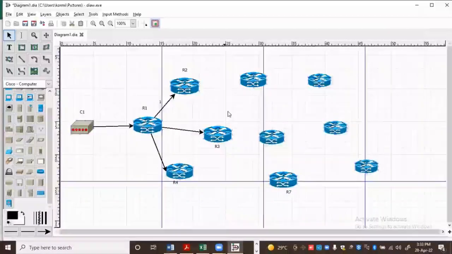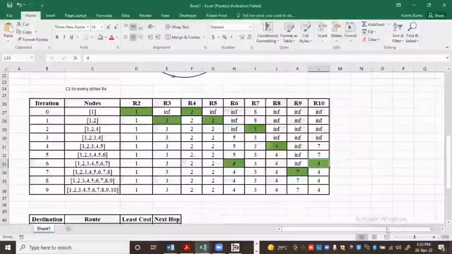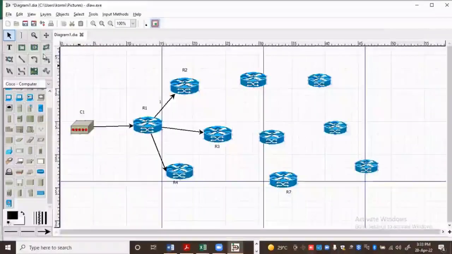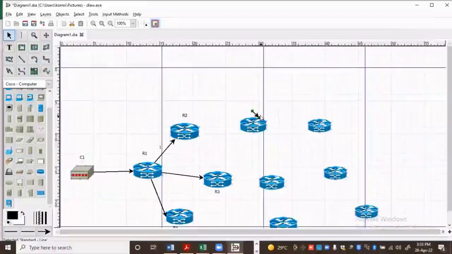The next one. To get to 3, you'd have to go through 1 and 2. So it means we need a diagram from, let me label the rest of the diagrams. So we have R5, undo. We have R5 over here.